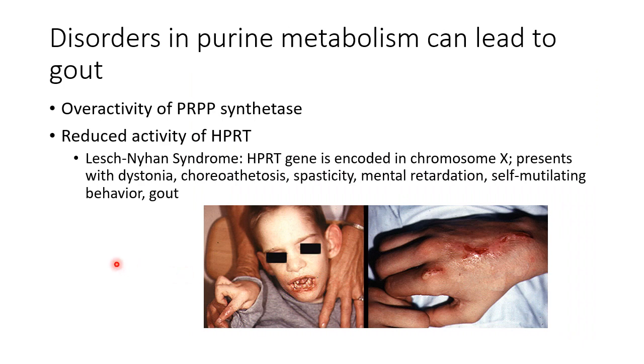Next, we have disorders in purine metabolism. These disorders eventually lead to gout, which is again the pathologic accumulation of uric acid in the tissues of the body. We have two main disorders that lead to gout, and number one is overactivity of PRPP synthetase, which means that the cell will have an accelerated synthesis of the nucleotides of the bases.